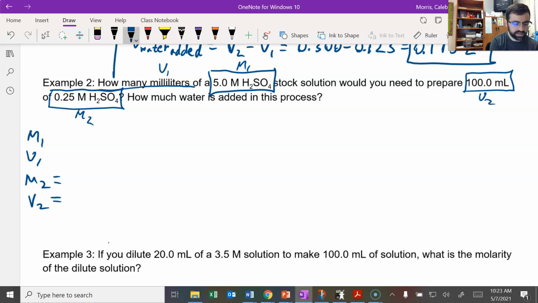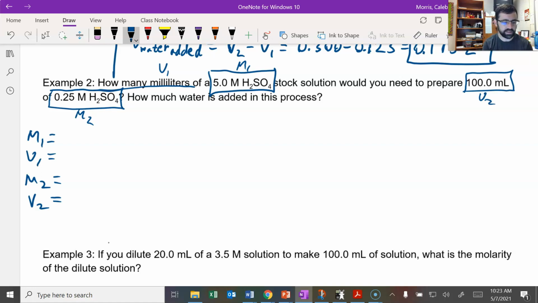Now keep in mind, since this equation involves just a multiplying ratio, we don't actually have to convert to liters to use this equation. With the molarity equation, we do have to convert to liters, but with this one, it's okay to leave it in milliliters. If you feel more comfortable, you can always convert to liters and you'll be fine.